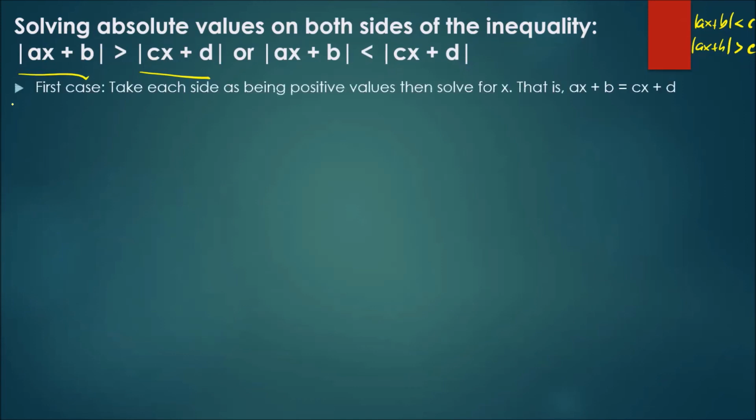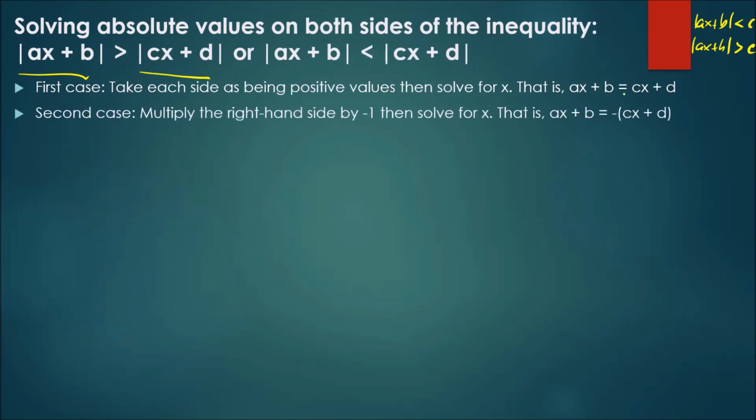First case is to take each side as being positive values, then solve for x. So that is, we equate ax plus b to cx plus d. The second case would be, we multiply the right-hand side by negative 1, then solve for x.